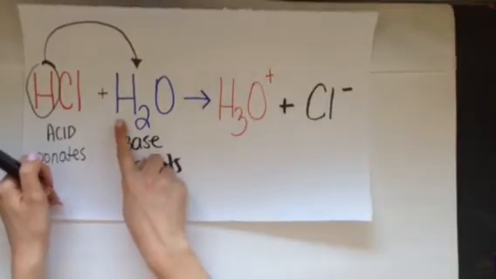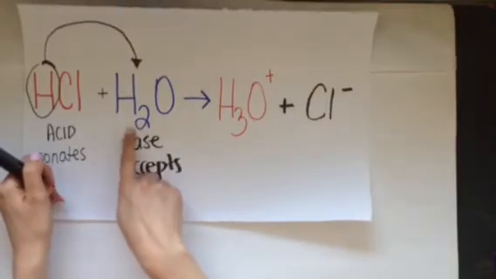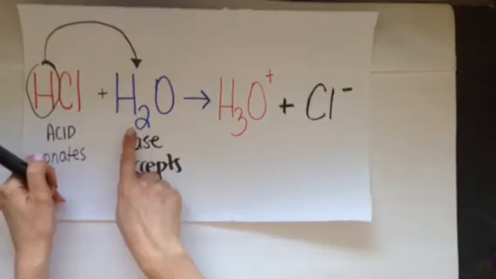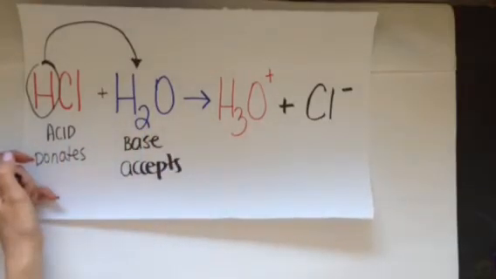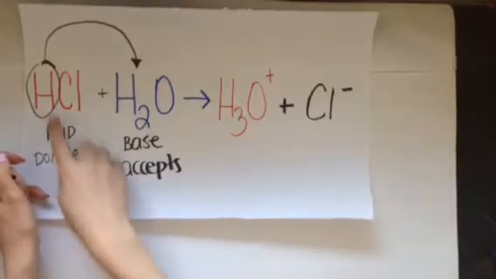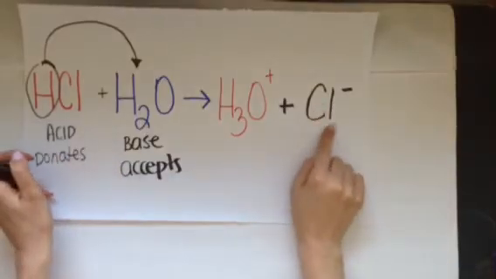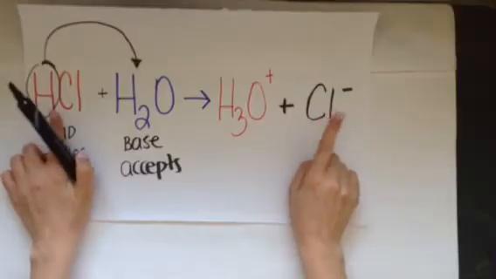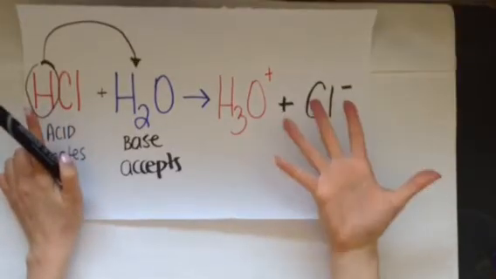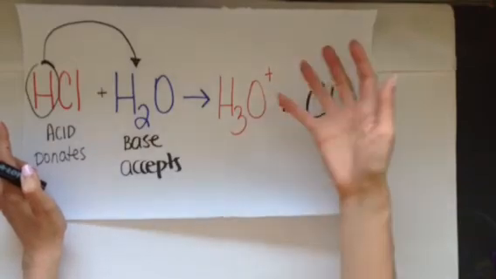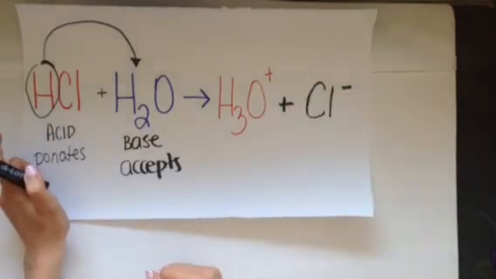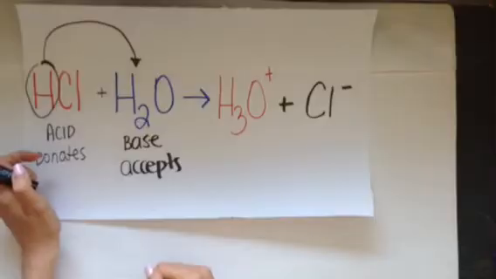So I now know the story of water. Water accepts the H because it turns into H3O+. I know the story of the acid because I look here and I say, oh, look what happened to the acid. It lost or donated its hydrogen. How do I know? Because on the other side, it's missing its hydrogen. Remember, when you pluck off an H+, you're left with a Cl-.